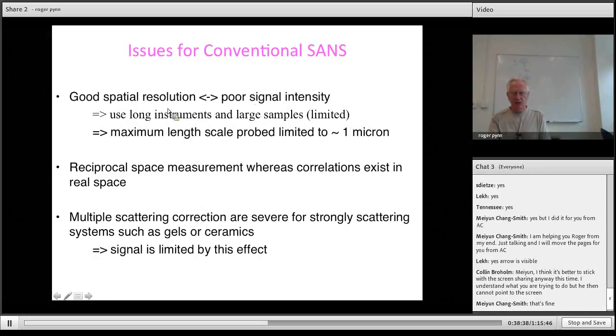Well, you can't, because if you put a bucket of sample in the beam to get lots of intensity, you'll get multiple scattering, and you can't correct the data. So these are some of the issues that you face with conventional SANS, and what I'm going to show you is that spin echo can help with some of these issues.